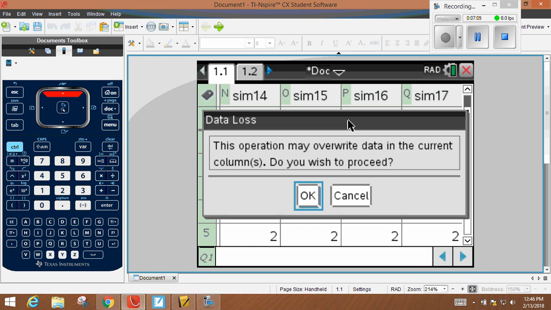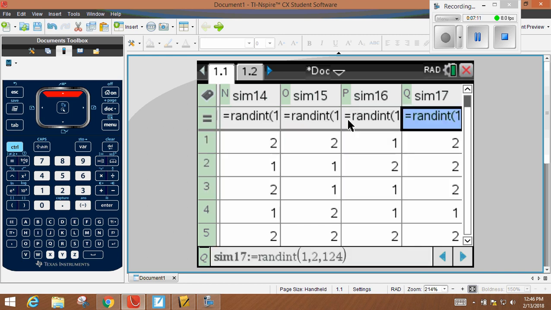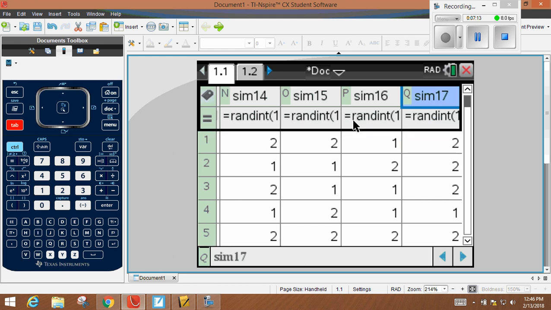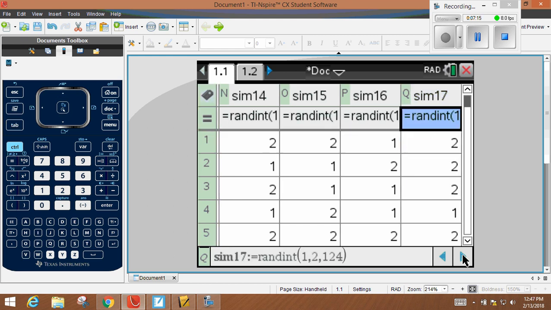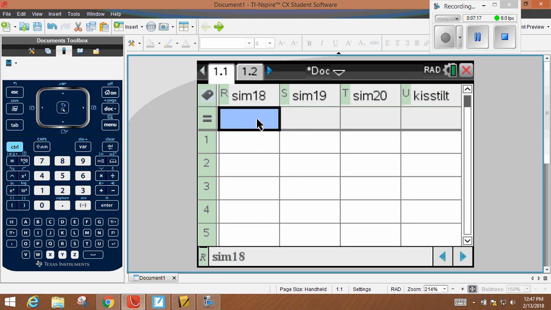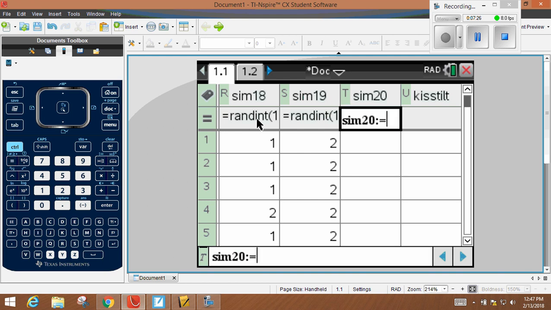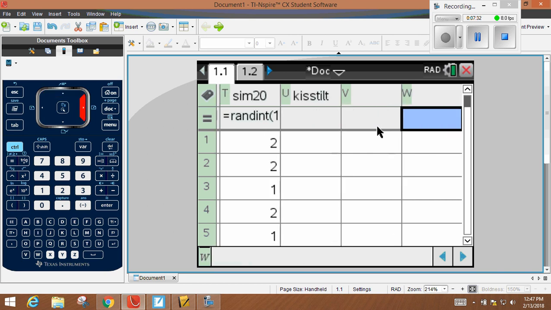What is going on here? Let's scroll over. And kiss tilt is going to be my distribution of my simulation.